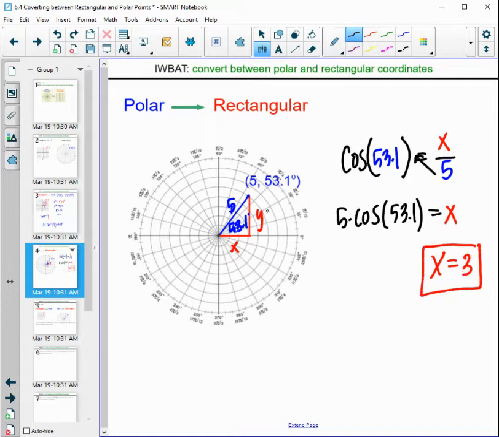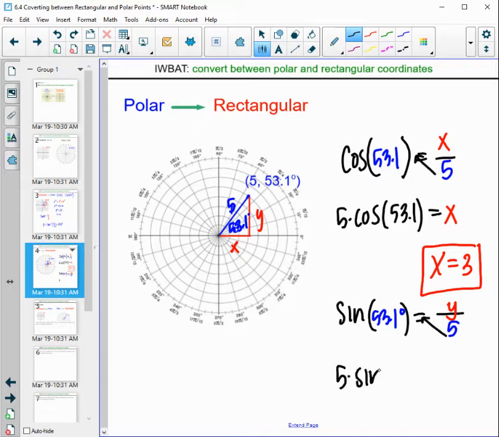Then we would do the same thing to find y. In this case, y is the opposite of the angle, and we have the hypotenuse, so we'd be setting up a sine function. So sine of the angle, 53.1, equals the opposite y over the hypotenuse, 5. Again, you'll just multiply that 5 up.